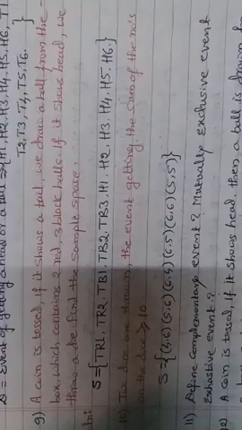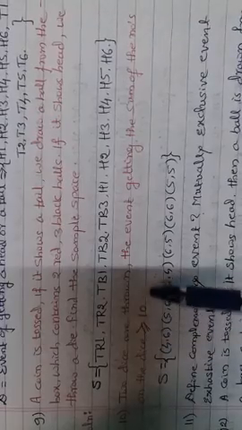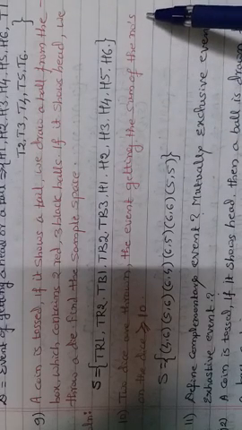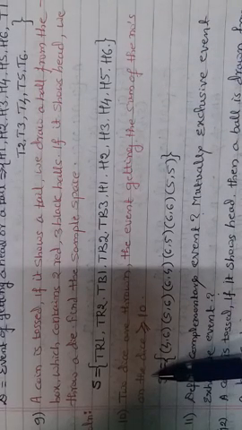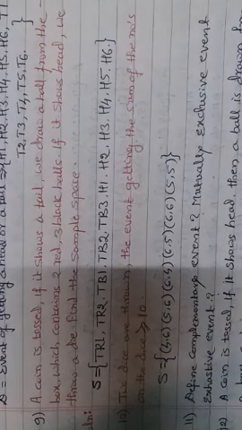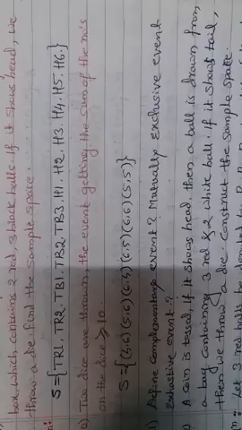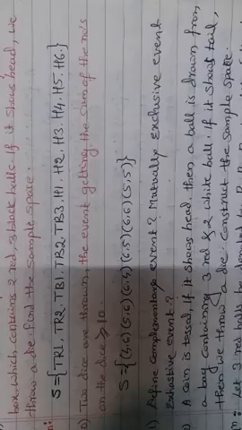Then, the next question is, 2 dice are thrown. The event is getting the sum of numbers on the dice less than 10. When 2 dice are thrown, die is singular, dice is plural. Each die has 6 faces.